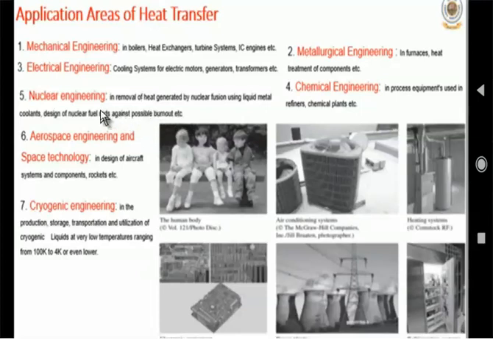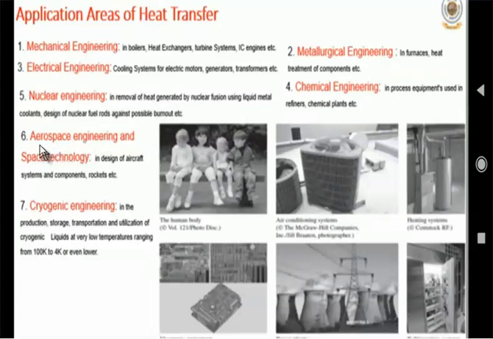Using this liquid metal, you can remove the heat generated by the nuclear fusion.